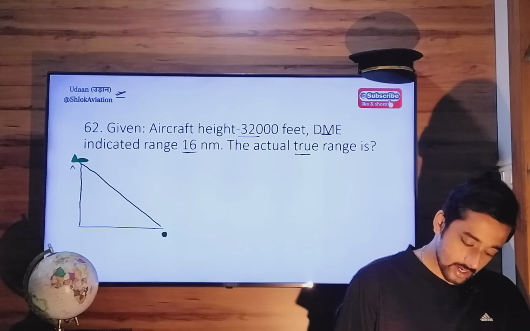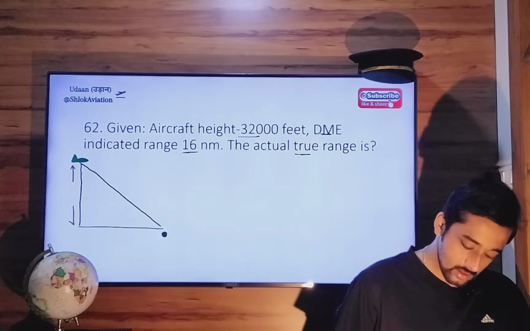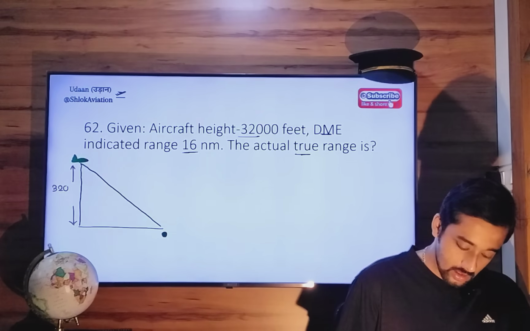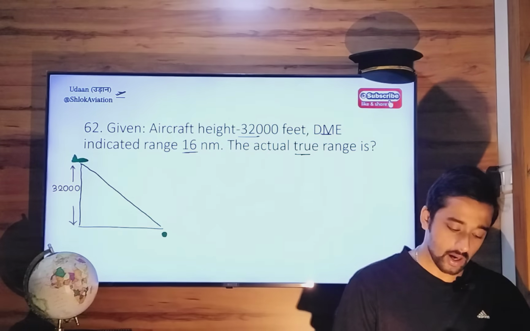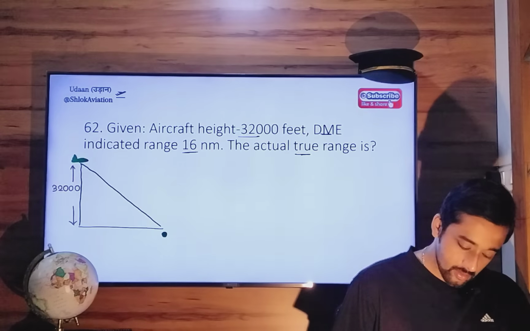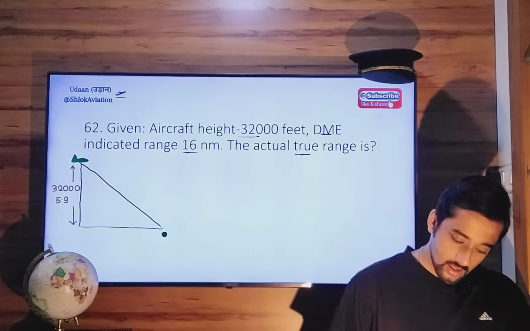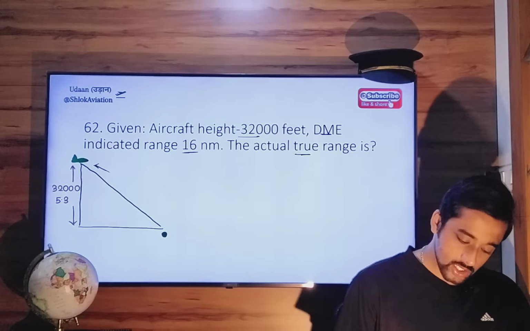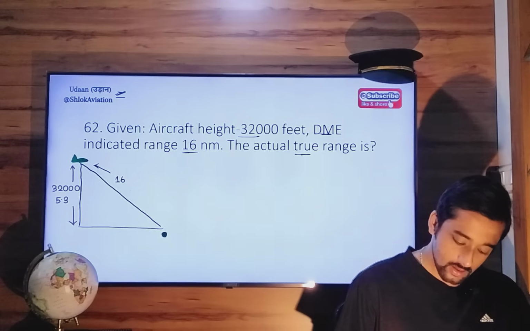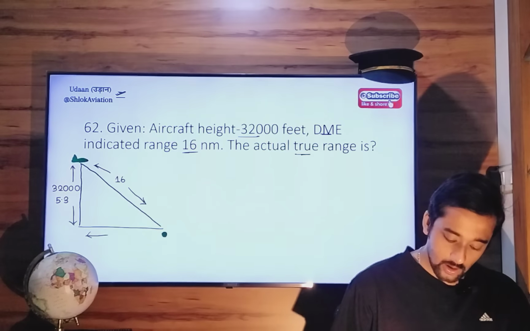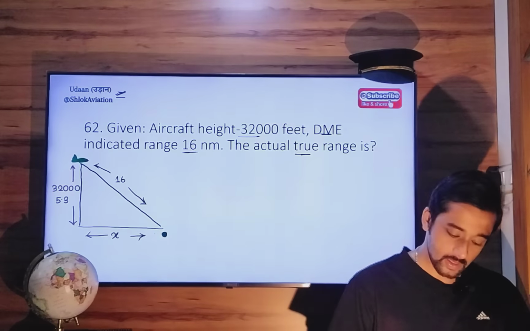Now the height of aircraft is 32,000 feet, which is nothing but 5.3 nautical miles. DME range is how much? It is 16. Now we have to find horizontal ground range.